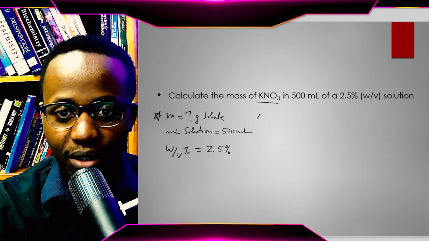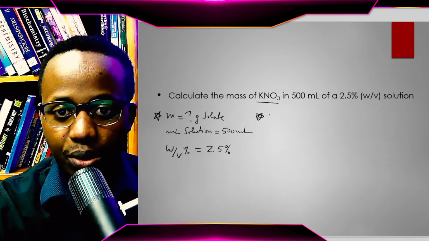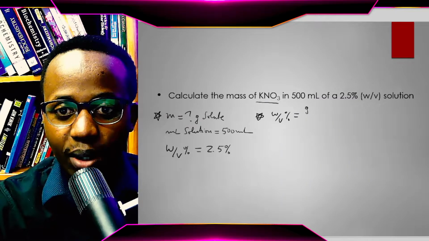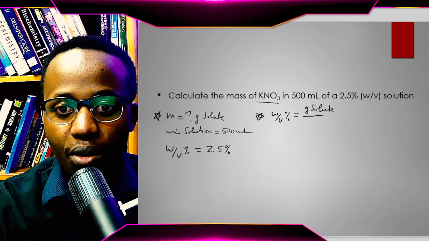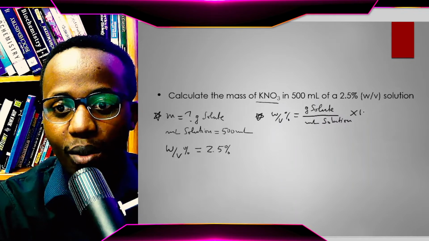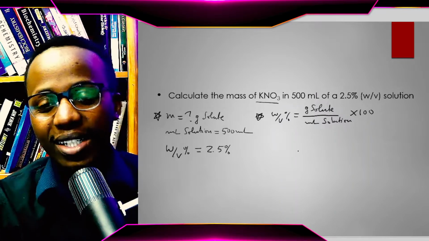So step 2, find the formula. So we use the same formula, weight per volume percent is equal to the grams of solute over the milliliters of the solution times 100.